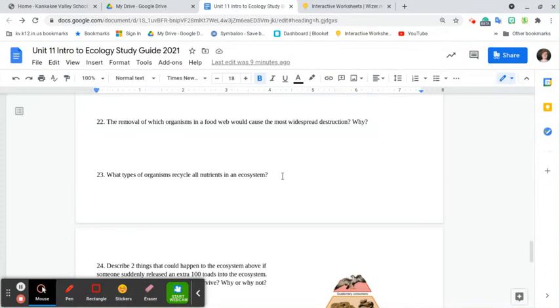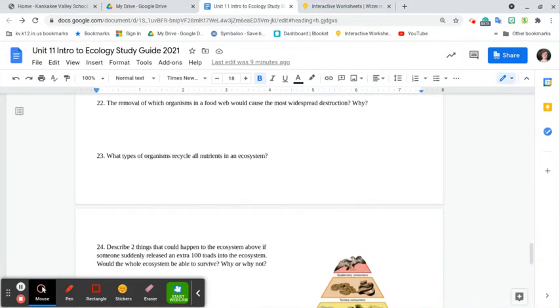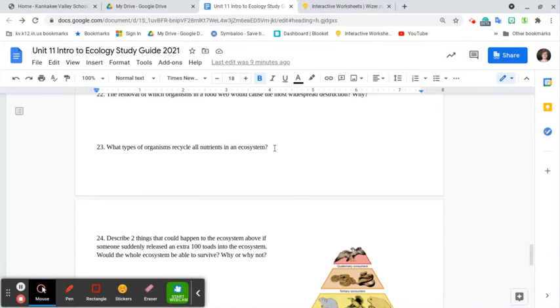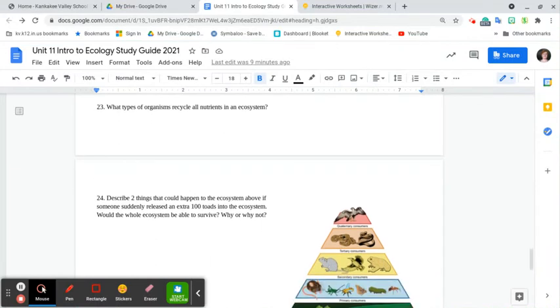What types of organisms recycle all nutrients in an ecosystem? Plants and decomposers. Decomposers are going to break it down, and then the plants put it back into the ecosystem. I'll put it that way.